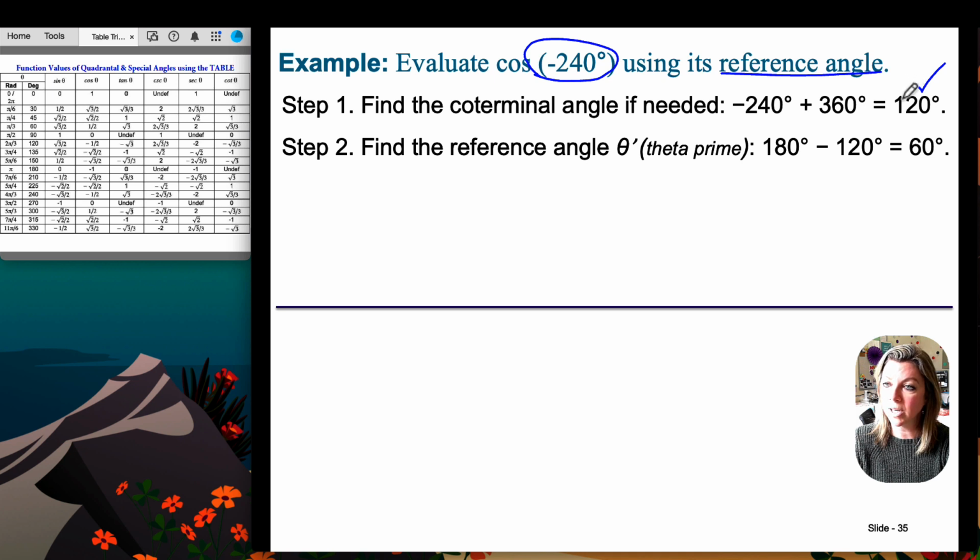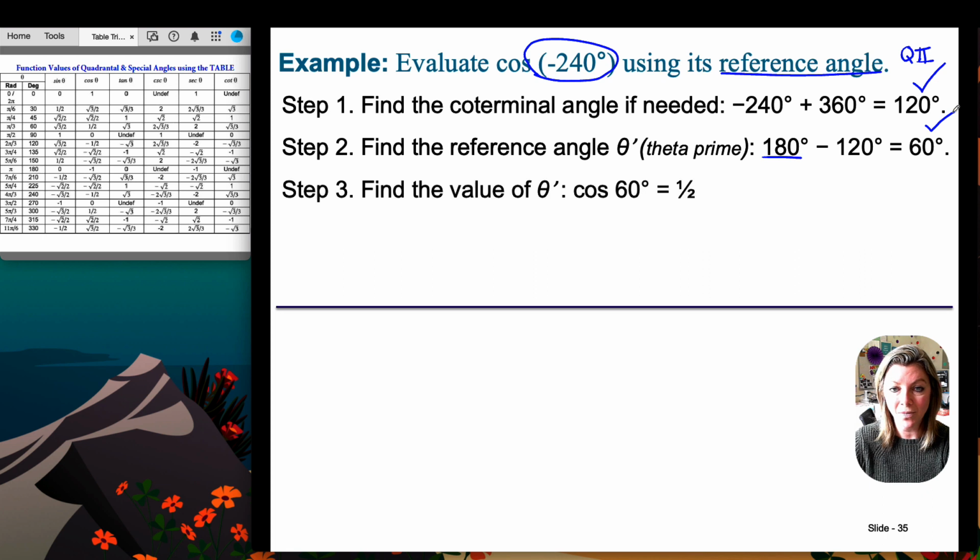Step 2, we're going to find the reference angle, theta prime. Well, quadrant 2 is where we will find a 120 degree coterminal angle. And so from the last slide, we know that if the terminal side lies in quadrant 2, we can find the value of theta prime by taking 180 degrees less the value 120 degrees, giving us our reference angle, or theta prime, of 60 degrees.